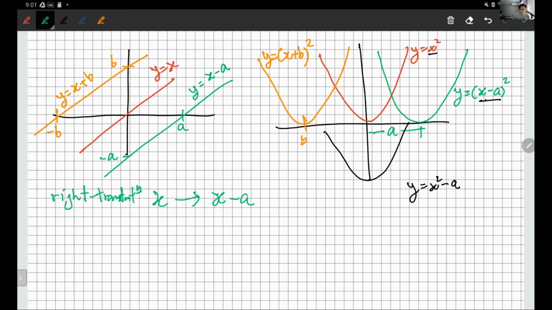And if you have the left translation, then you turn x into x minus, in this case, I'm sorry, plus b. All right. Now, that's it. Give me the animation of this curve.